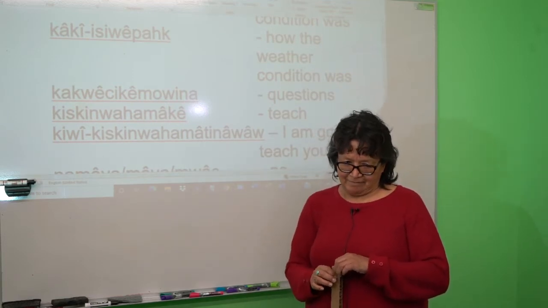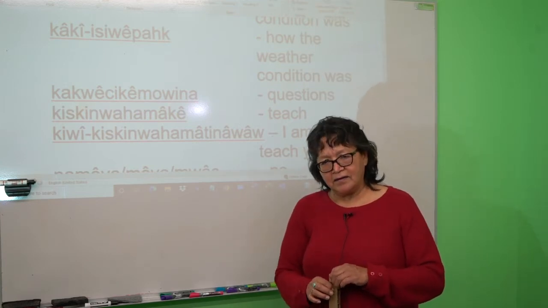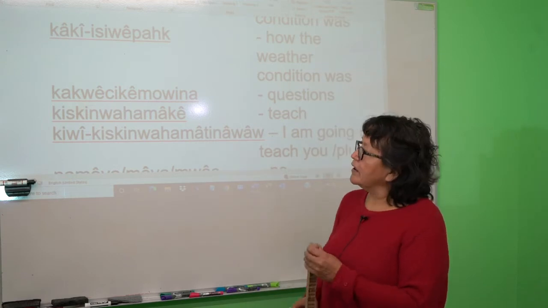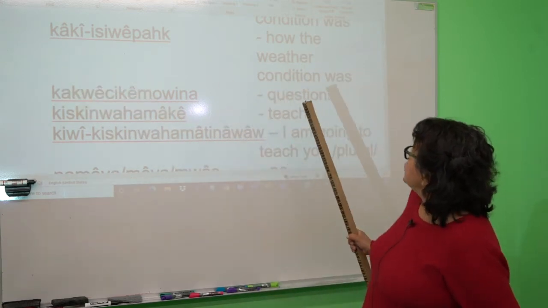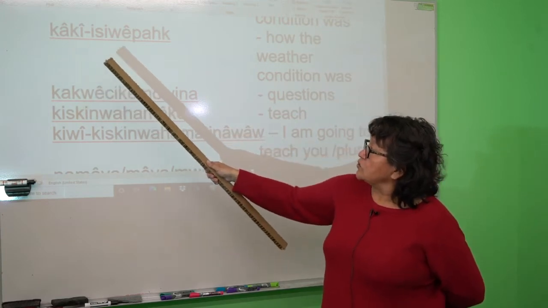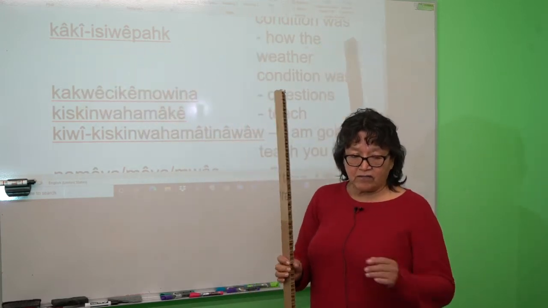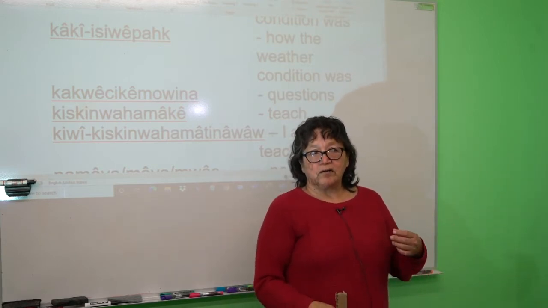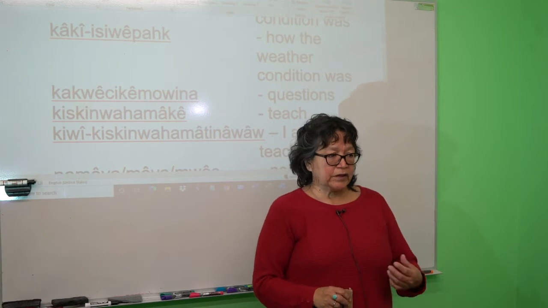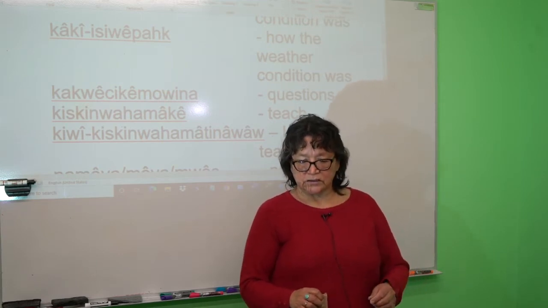Yes, with the macron, you have to say it with ga. Okay, how the weather condition was. Gagi iswebak. Gagi iswebak. Going back to the other phrase, it's just the two different ways that you will hear Cree speakers, or you can ask Cree speakers these questions of the weather conditions.